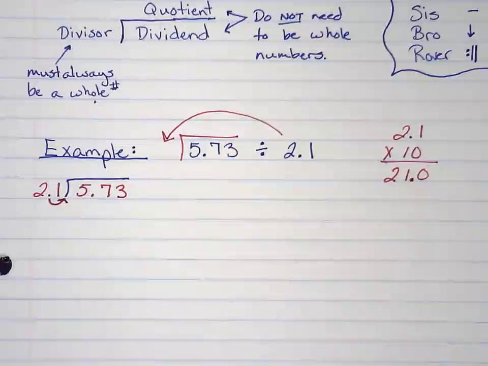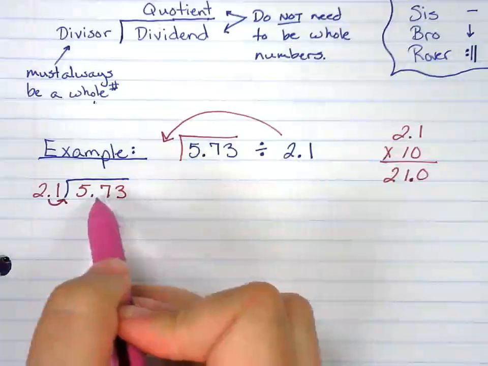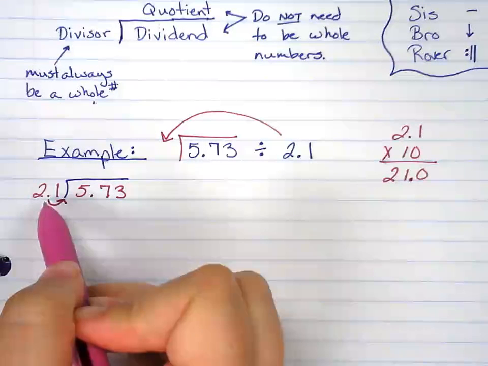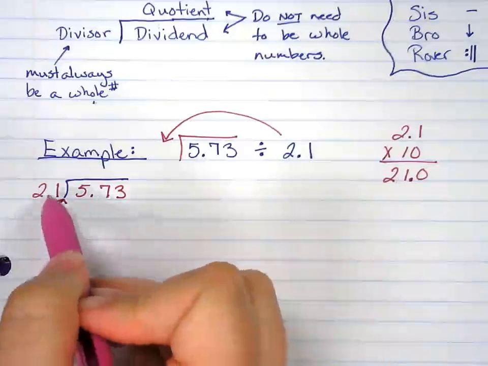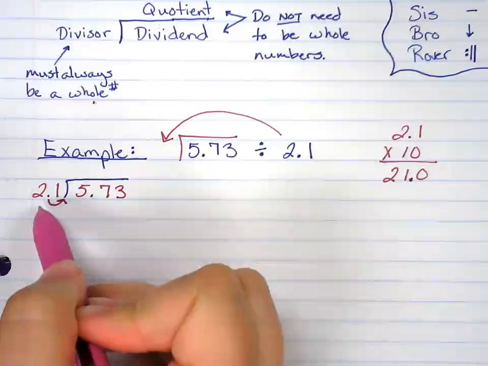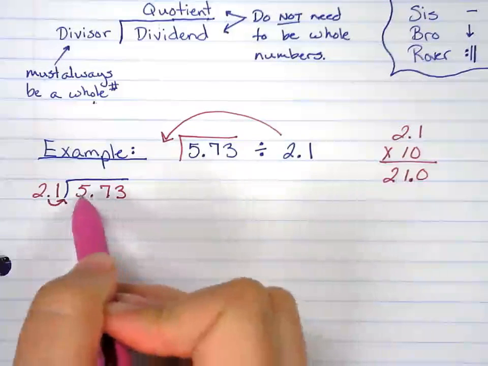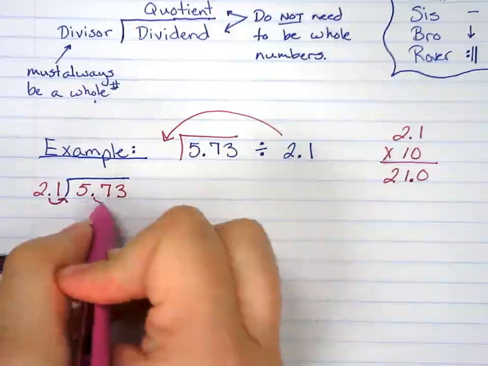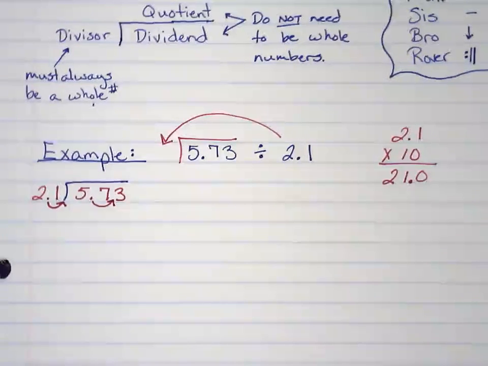Well, I modified this problem. I don't want to divide 5.73 by 21, I want to divide it by 2.1. So I need to modify the dividend inside the same way that I modified the one on the outside. Well, I multiplied the 2.1 by 10, so I would do the same thing to the 5.73, which would cause that decimal to move over one place as well.